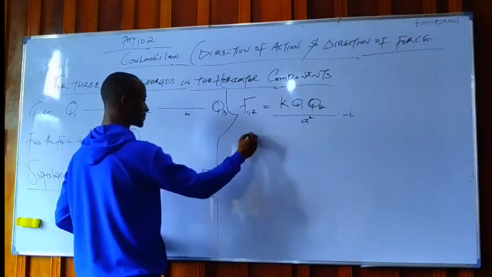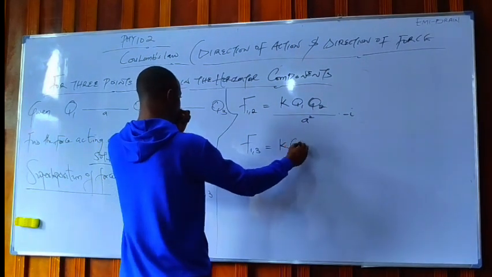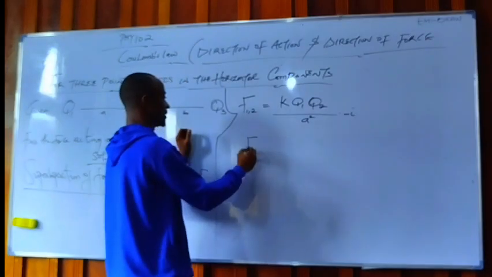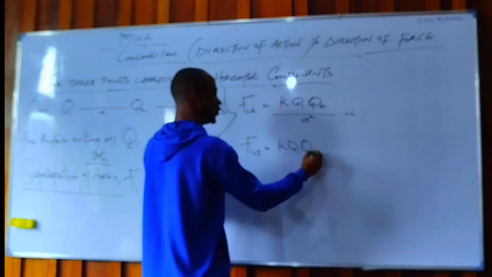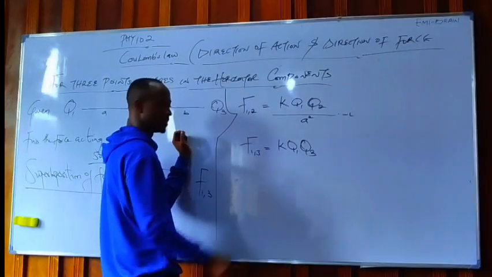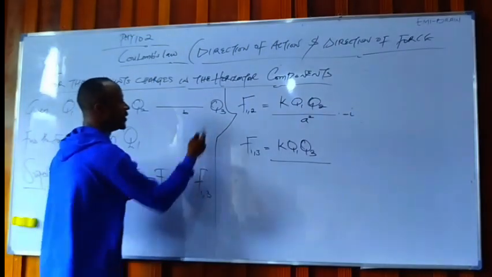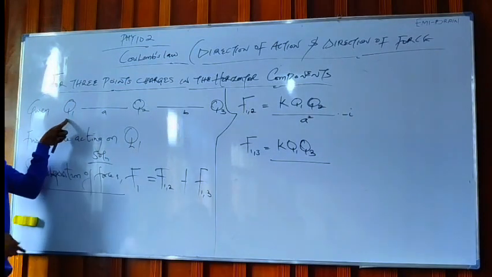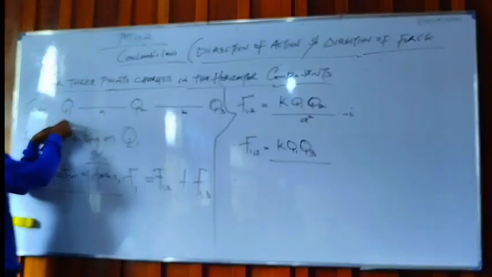F13 becomes K Q1 Q3 over what? From 3 to 1, the distance is A plus B, so A plus B all squared. How much distance did you cover from here to here?